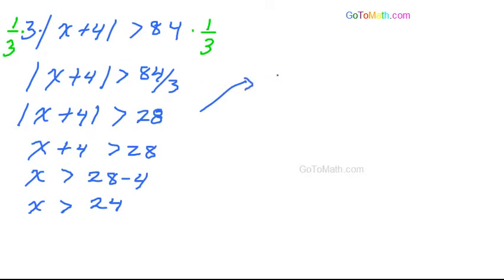Now let's go ahead and rewrite this. Actually, I guess we'll go straight across here. Never mind. So this is x plus 4, flipping the inequality and making that negative.